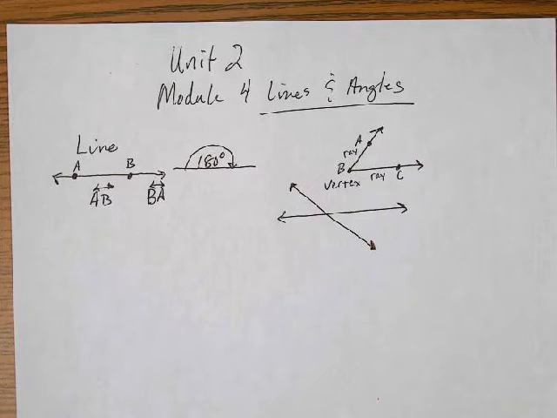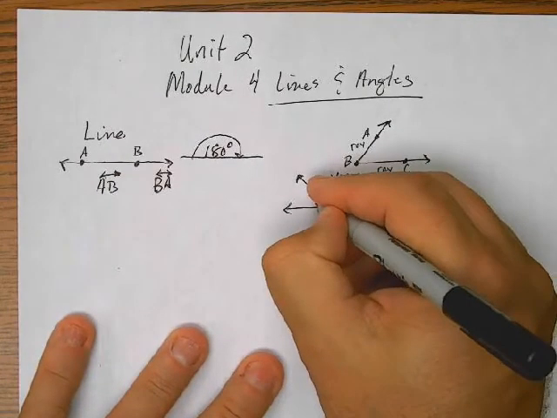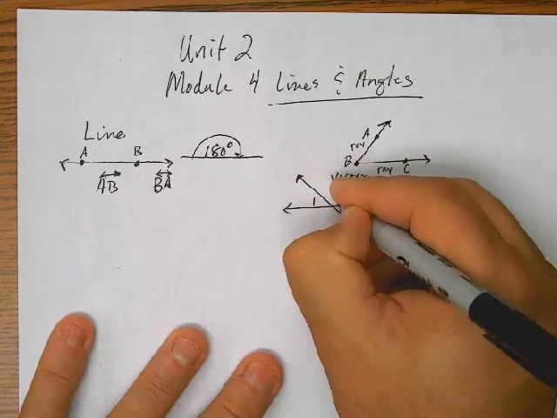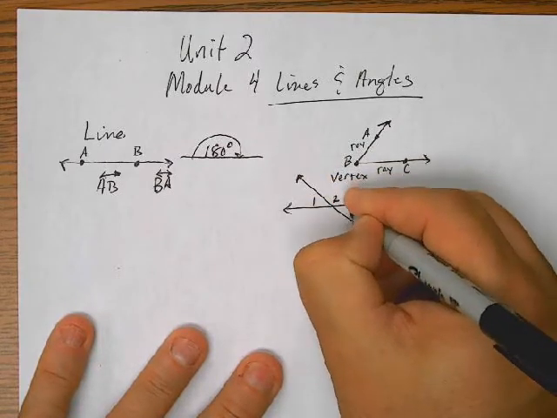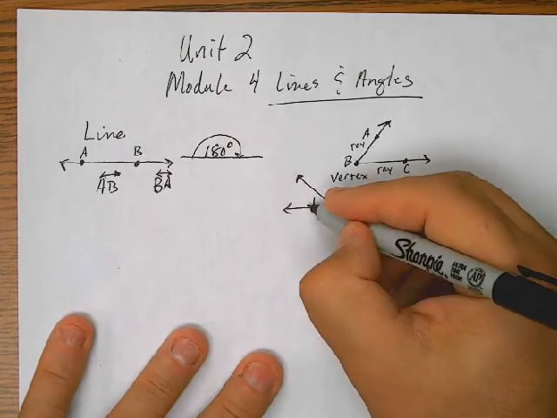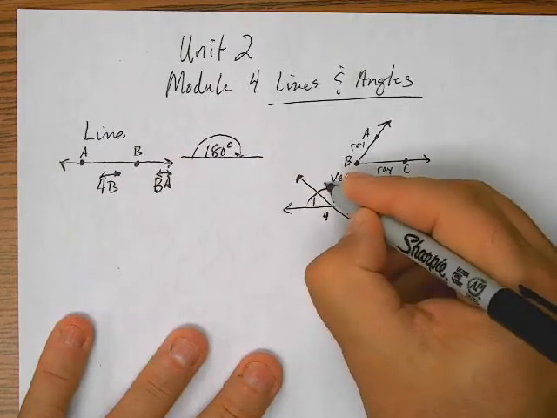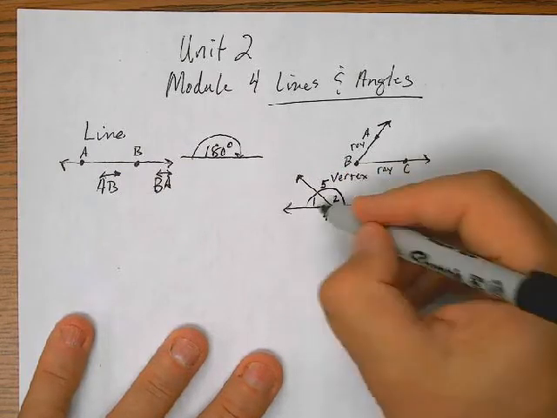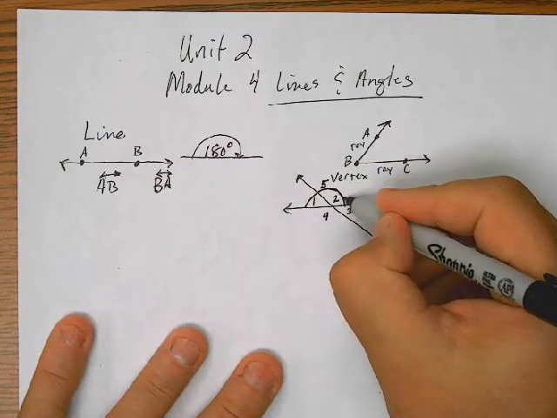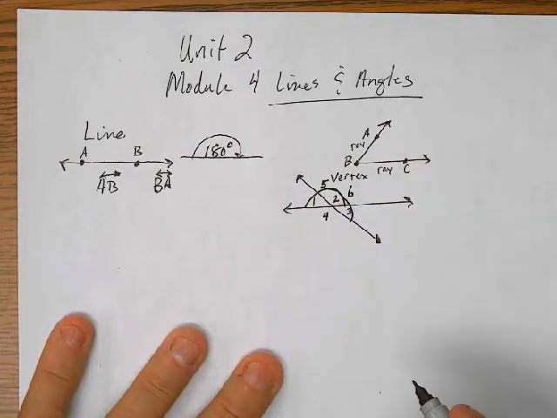In fact, there's a lot of angles created. Let's see if we can count them. Follow along with me. 1, 2, 3, 4. Now, if we start here with 1, there's another angle. We'll call that 5. There's another angle. We'll call that 6.